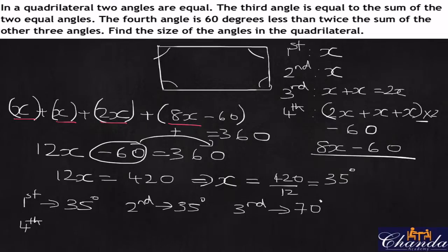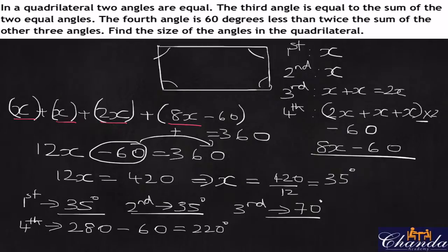So 8 times x, which is 8 times 35, gives me 280 minus 60, which is 220 degrees. So the first angle is 35, second is 35, third is 70, and the final one is 220 degrees. And if we were to add these all together, 220 plus 70 is 290, plus the two 35s gives me 360 again. So we know that the values that we got were in fact correct.